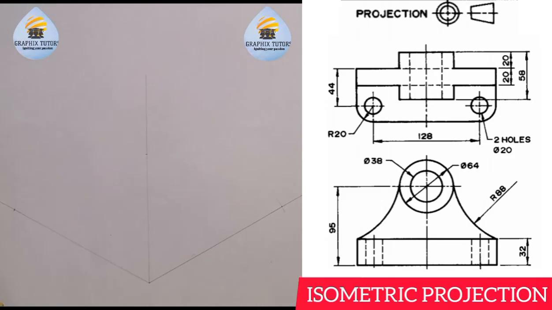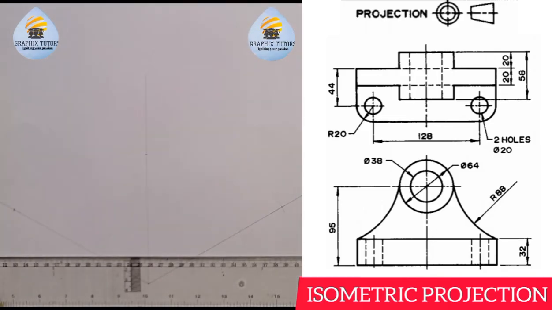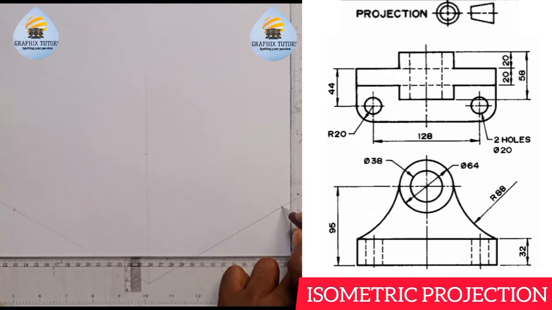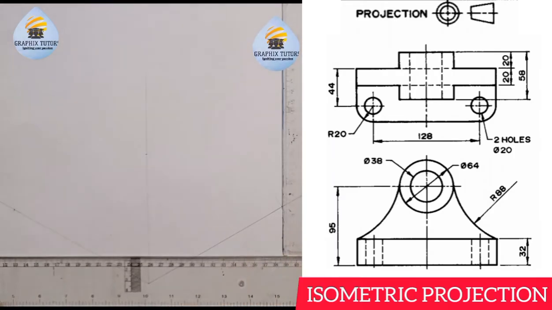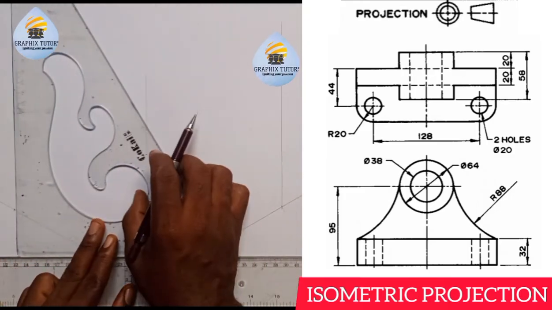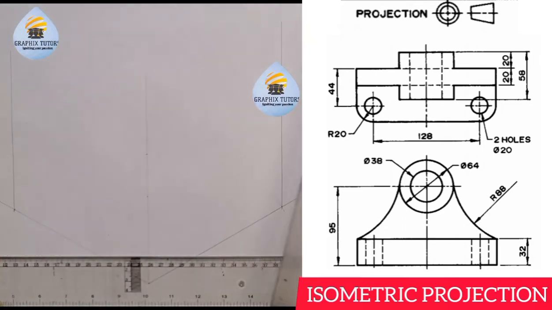Are we there? So I'm now going to project this point upward using the help of my set square. This will go up, and I'll come here too, it will go up. Have you seen that?